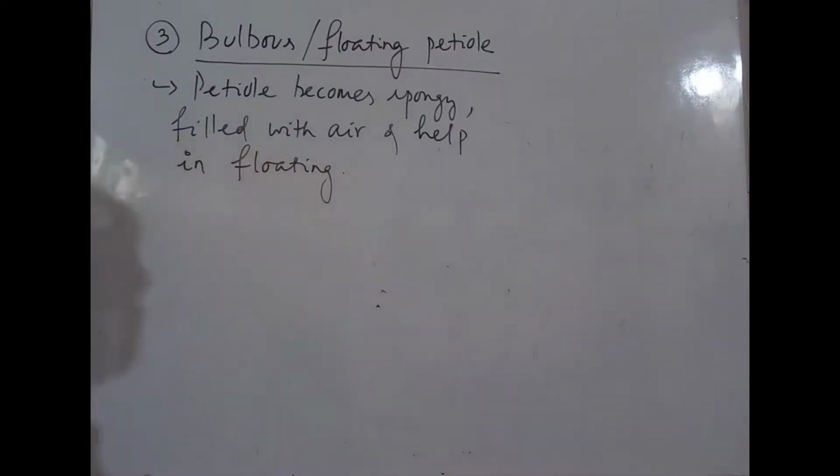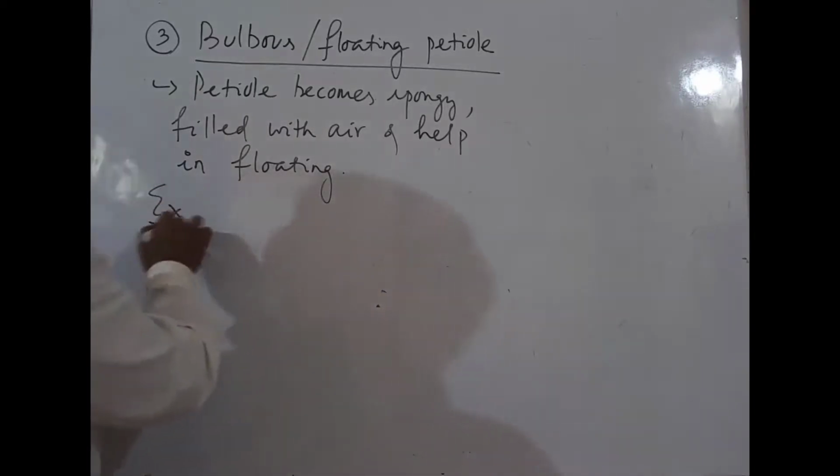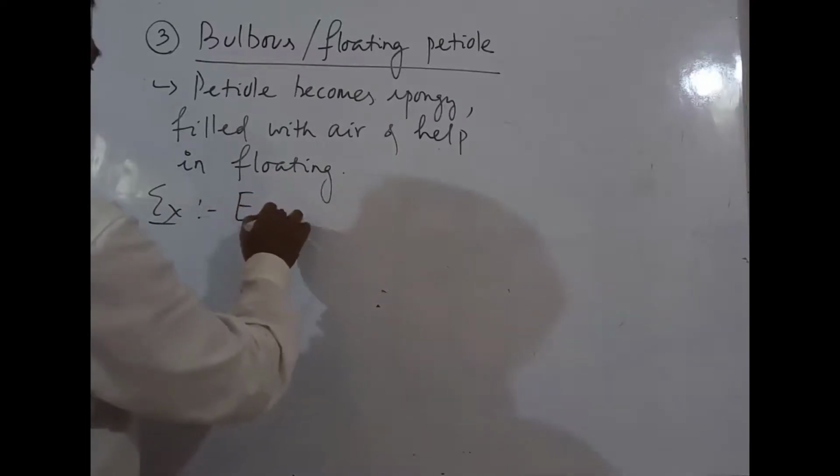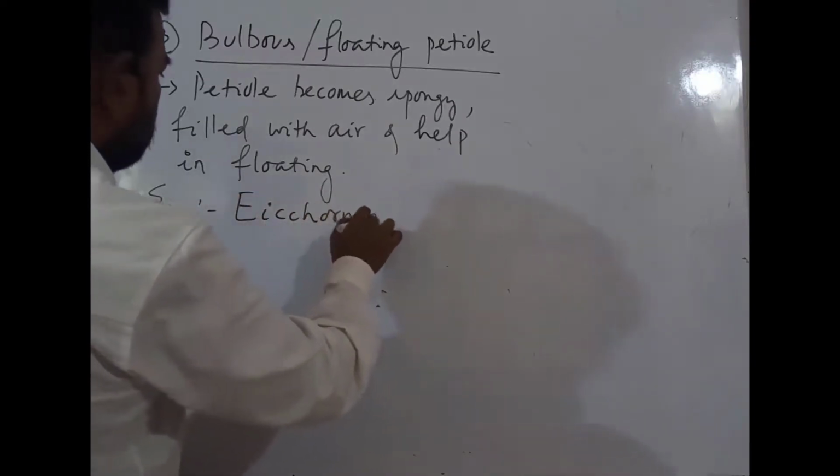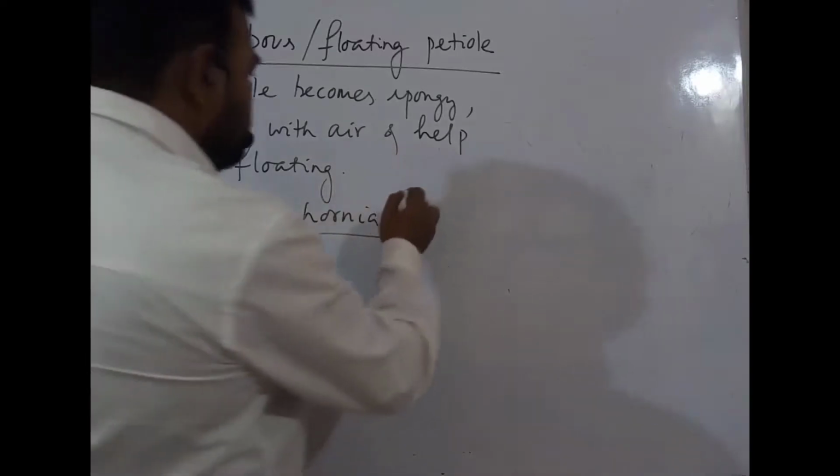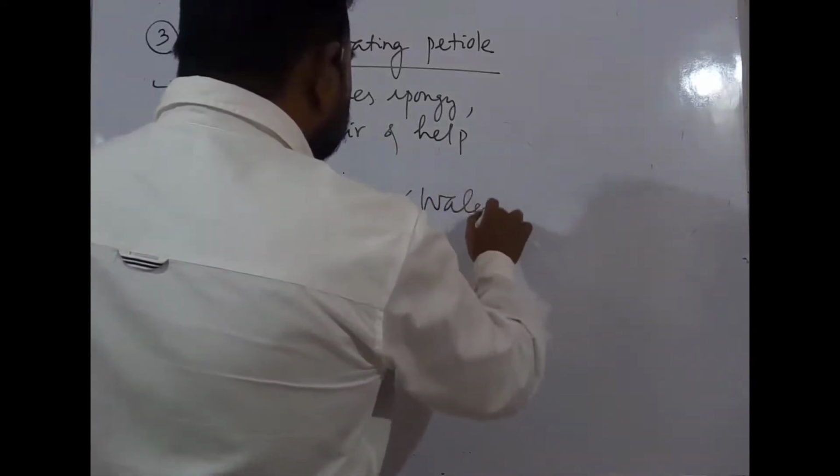So this is found in aquatic plants like some weeds, that is Eichhornia and Trapa. The example is Eichhornia. The English name is water hyacinth.